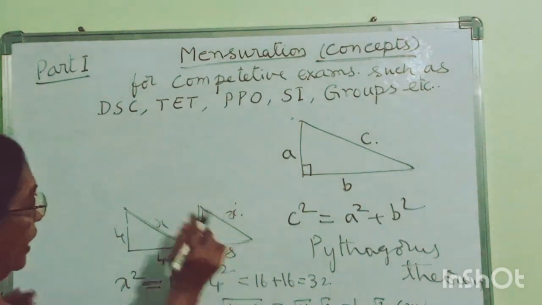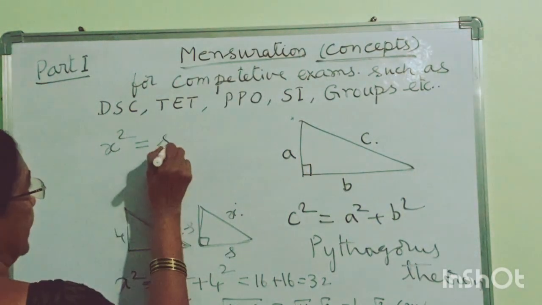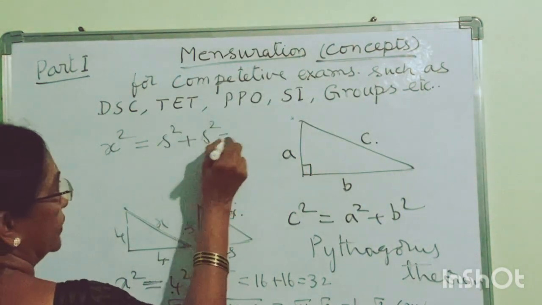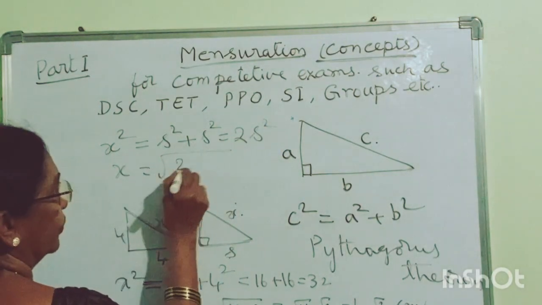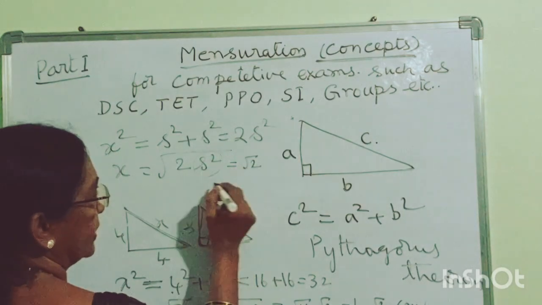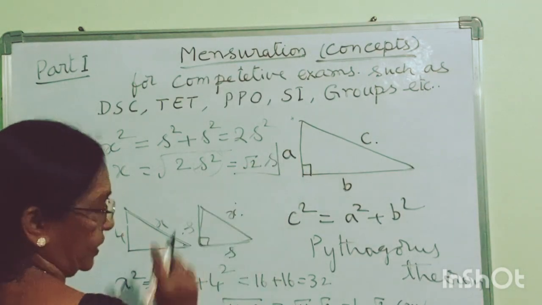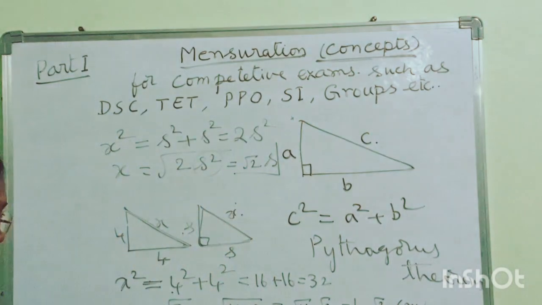According to the Pythagoras theorem, the diagonal square is equal to side square plus side square, which is equal to 2 s square. So x is equal to square root of 2s square, that is equal to root 2 into s, since the root of s square is s. So this is the formula for the diagonal of a square.